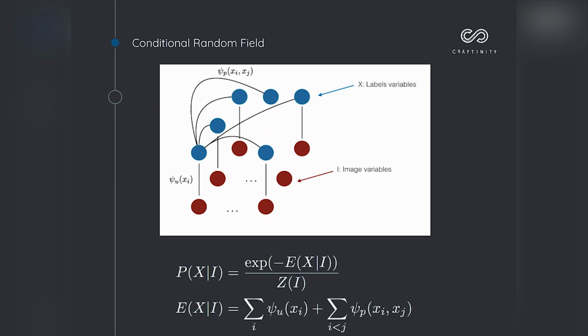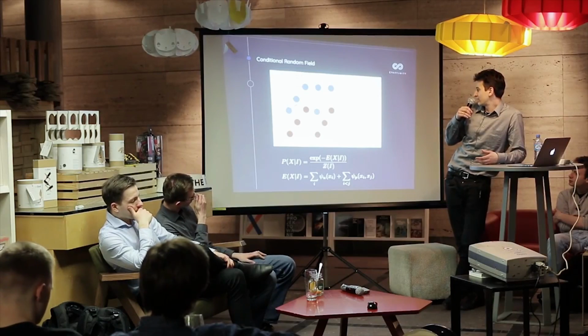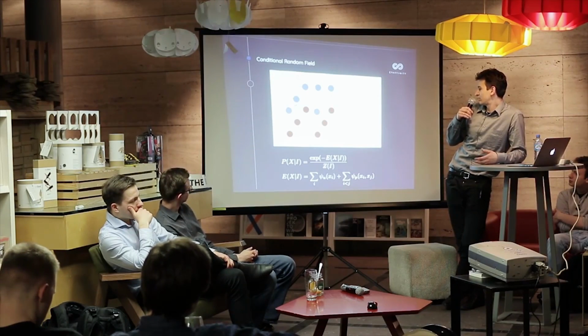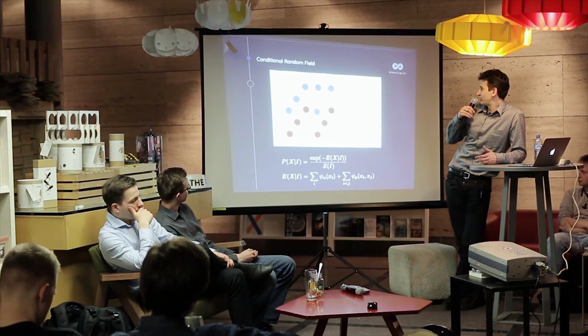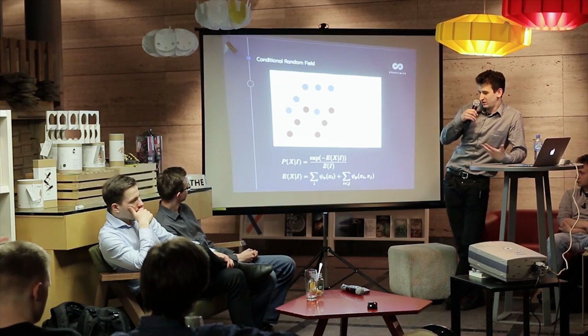It's quite a complex subject, so there's no time to go into it, but briefly: it's a probabilistic graphical model, an undirected model, which models the conditional probability of one set of variables given another set of variables. So in the case of segmentation, we model the probability of label variables given the image pixels.